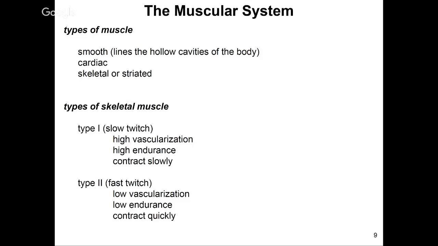The arteries also have muscle, but those are smooth muscles. You can't consciously control them, just like you can't control your gut muscles. And the same with cardiac. We don't have conscious control of them. They do their own thing, hopefully, and all is well. So skeletal are the only ones that we can consciously control.